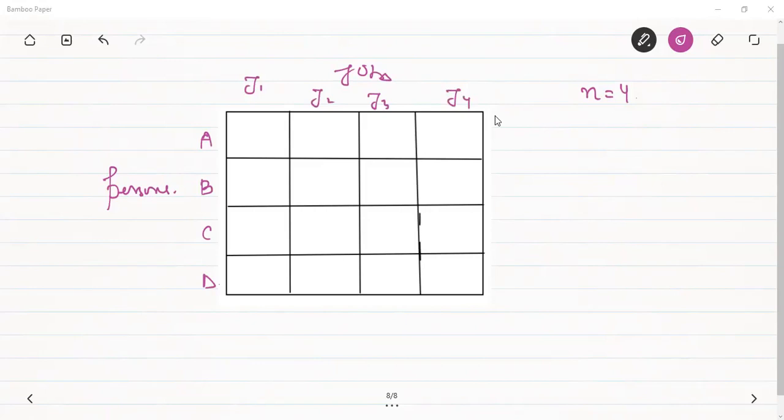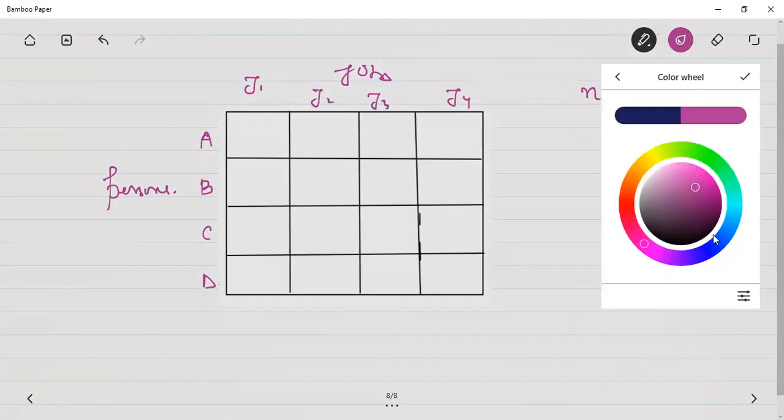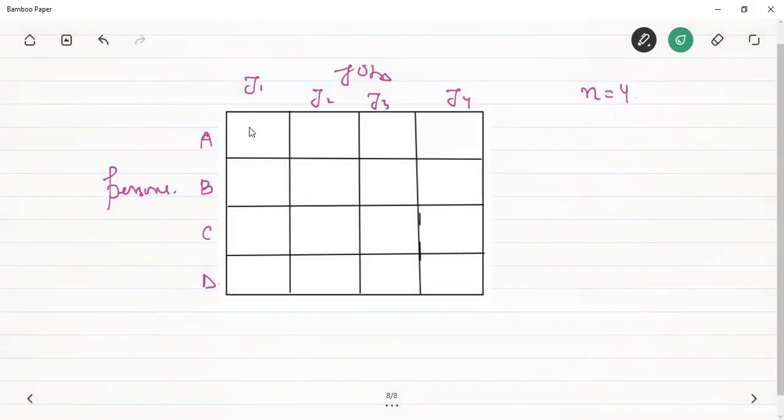The elements will be Cij. This is C11, suppose it is equal to 10. And this C11 represents the inefficiency or the time taken by person A in completing job number 1.